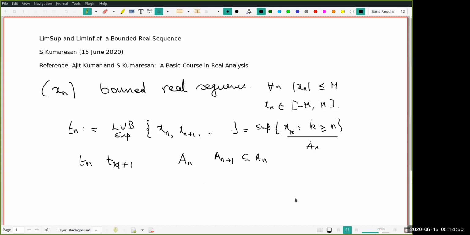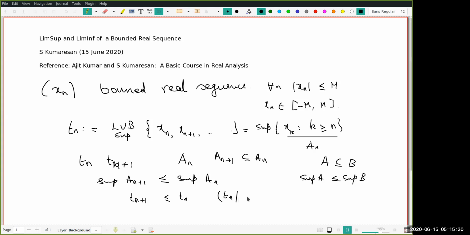Whenever A is a subset of B, supremum of A is less than or equal to supremum of B. Therefore, supremum of An plus 1 is less than or equal to supremum of An. But supremum of An plus 1 is Tn plus 1, and this is Tn. Therefore, we see that the sequence Tn is decreasing.